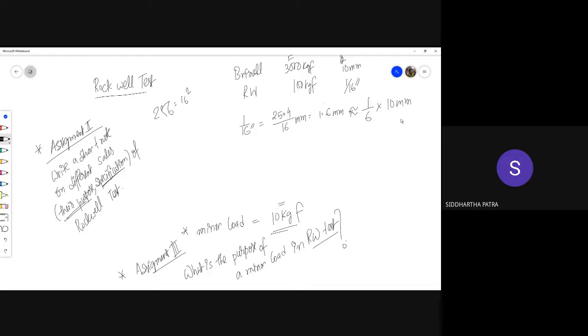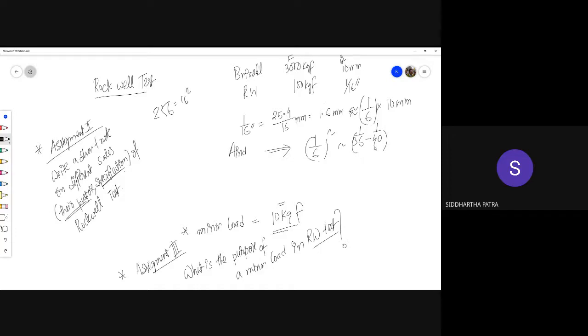Now, if this is the diameter of the indenter, if we now compare the area of indentation, this ratio would be the square of that, which would be somewhere between 36 to 40. Actually, 1 by 6 squared is 1 by 36, but this is also not exactly 1 by 6.